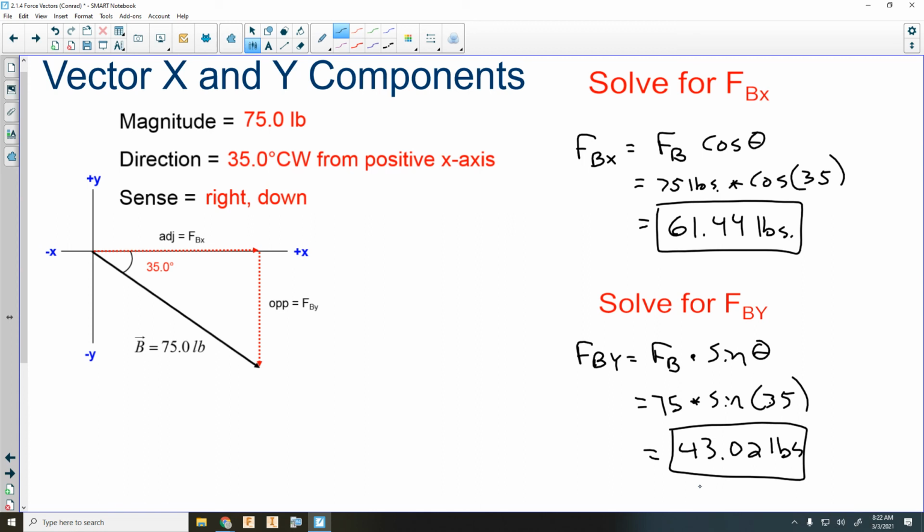Now, as a double check, you could do the Pythagorean theorem and make sure it comes out to about 75. I guess we probably could have rounded to one significant figure. I don't get excited about significant figures. Science teachers do. In engineering, the precision is different. It depends on how precise we need to be with a mechanical drawing or whatever.